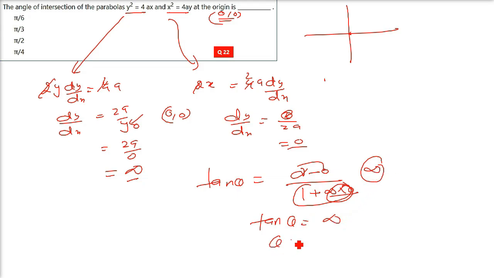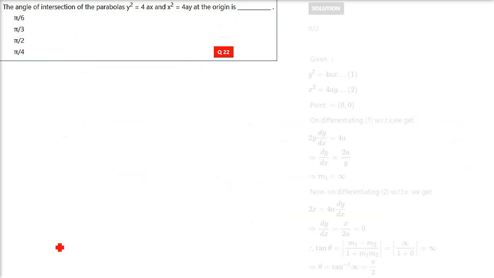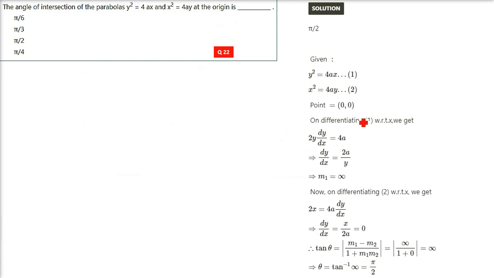At what angle will the tan be infinite? It is pi by 2, it is 90 degrees, because tan pi by 2, tan 90 degrees is infinite. So the angle is pi by 2 in this case. Now let me show you how you are going to go about it step by step. You have to write everything and then you can get the answer.